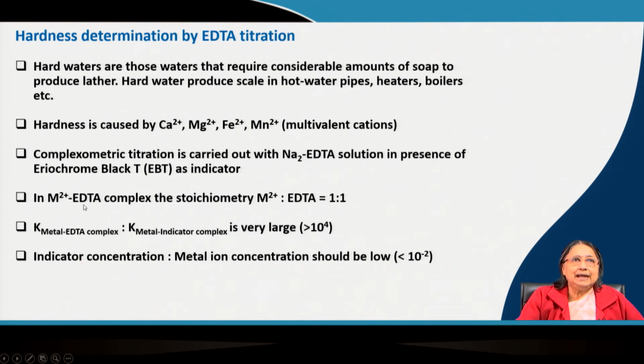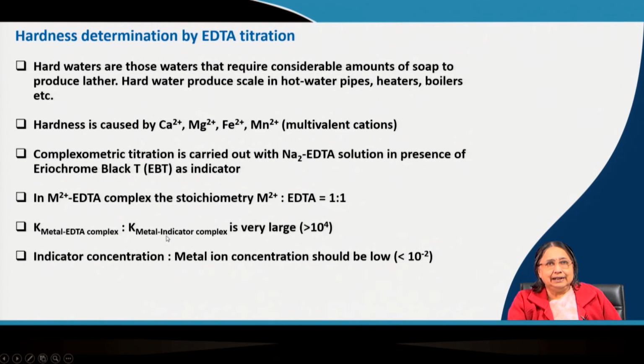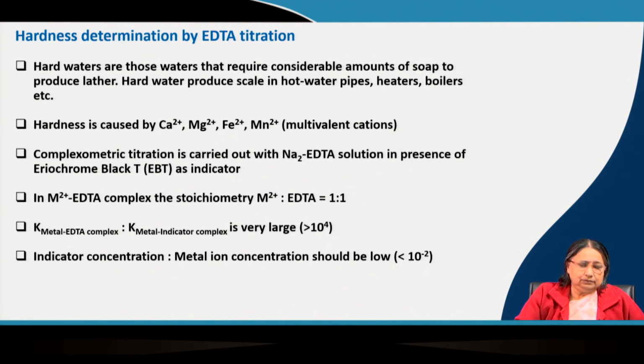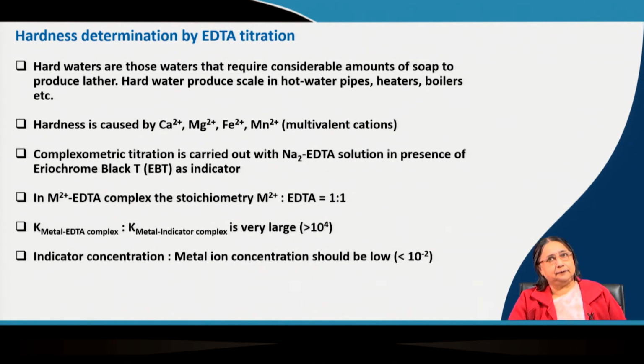So, EDTA will break this complex formed between metal ion and indicator, and finally the indicator will be free, showing its original indicator color, and the metal will be captured by the EDTA. So, this is a very important part, and that has been used for hardness determination. Complex formation is such an important thing in chemical equilibrium.